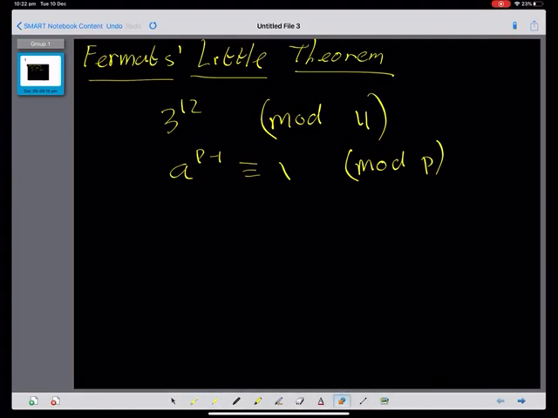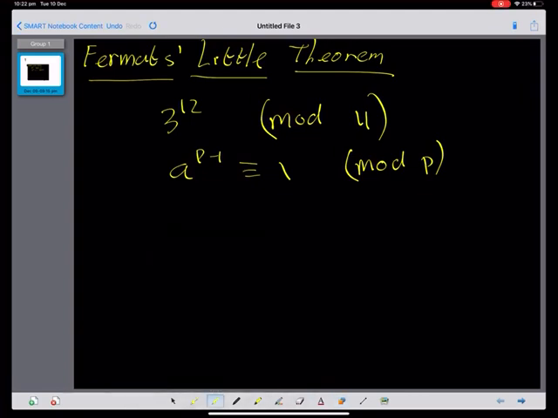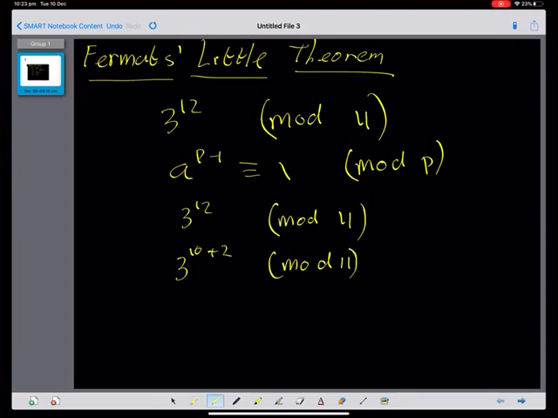Okay, so let's do some algebraic manipulation. So we've got 3 to the 12 mod 11. We can write 3 to the 10 plus 2 mod 11. So this is the same as 3 to the 10 multiplied by 3 squared, all in mod 11.